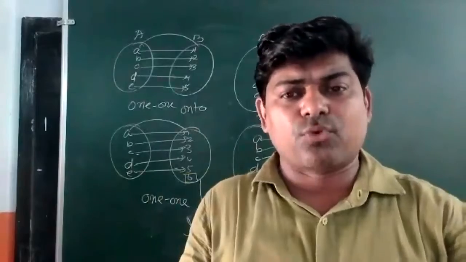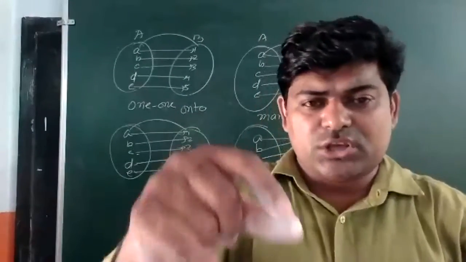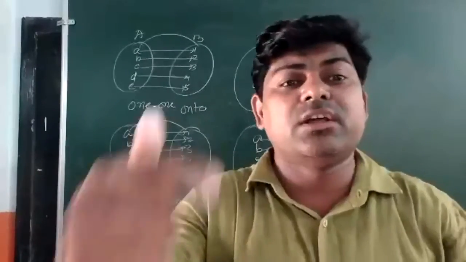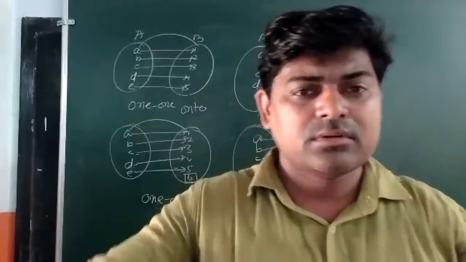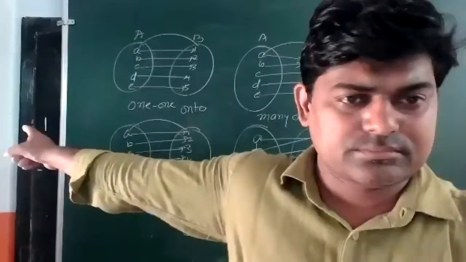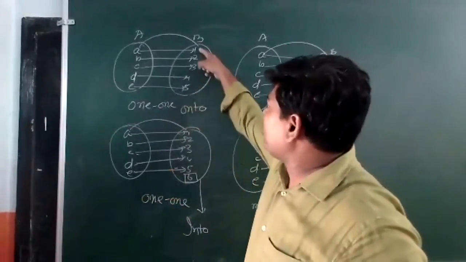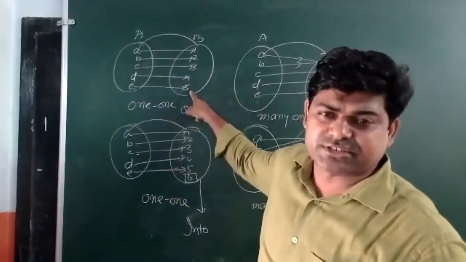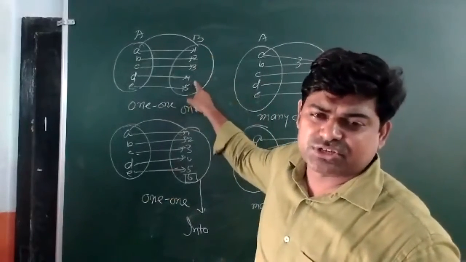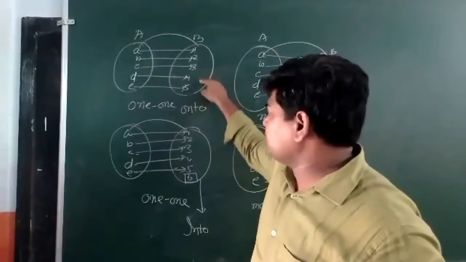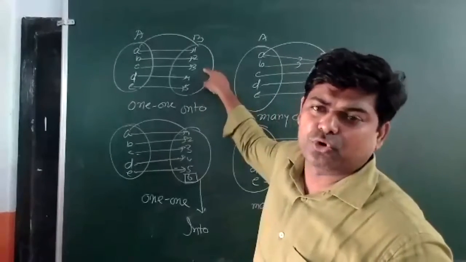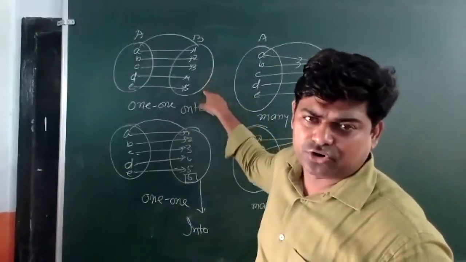The set of values of y is called the range. So if the range is exactly equal to the codomain, then it is an onto function. See, it is the codomain, and all these elements will be working as the second element of the function. This is called the range also. So in this case, range and codomain both are the same. I can say it is an onto function.